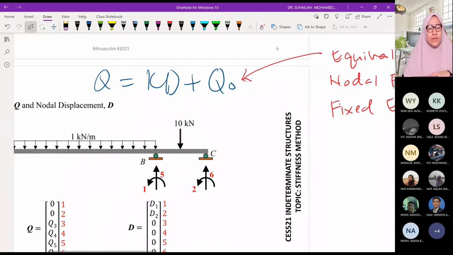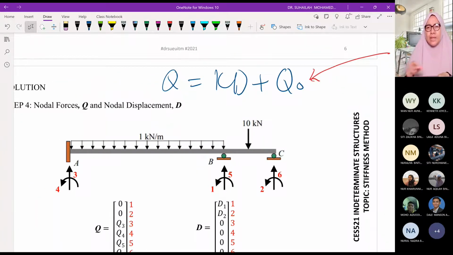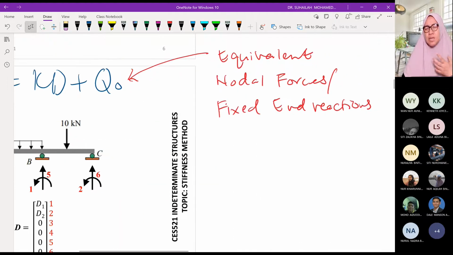So, bila ada loading like this, UDL on the member, what we need to do, we have to distribute it into nodes. Okay, we have to distribute because member cannot carry load. We distribute it equivalently. That is why we call it equivalent nodal forces.